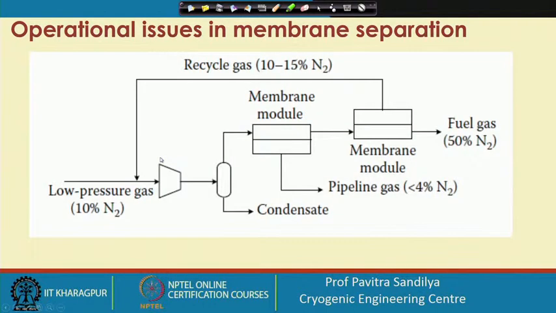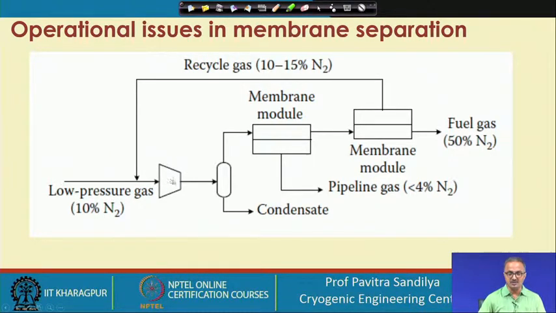And then we need to prevent the condensation of the heavier hydrocarbons and water on the membrane surface. So here we find a typical membrane module where some low pressure gas, say about 10% nitrogen, is coming through, and typically it first goes to one membrane module, and in this case the permeate is taken out as a pipeline gas which has less than 4% nitrogen, and the retentate is again taken to the next membrane module, and here we can get the fuel gas, and the permeate from here, which is about 10 to 15% nitrogen, is sent back to the feed stream, and again after compression and filtering, we send it back to the membrane modules.